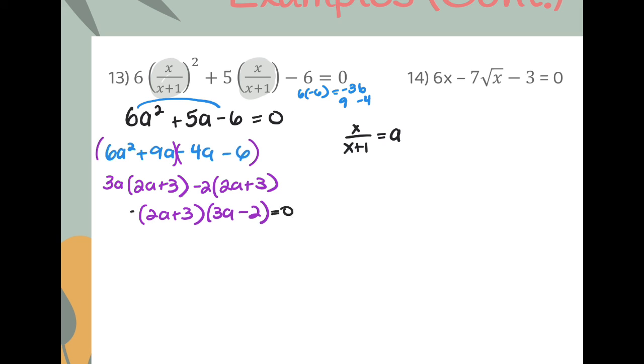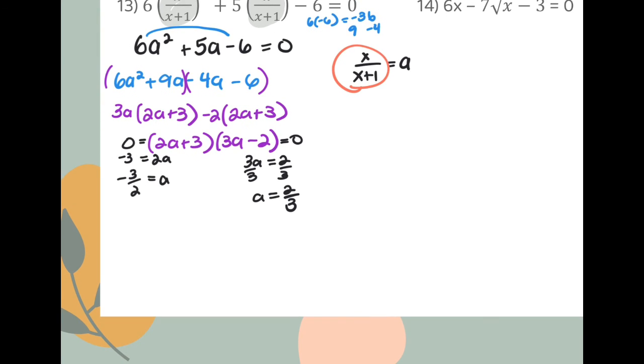Split and solve these. Subtract the 3. Divide by 2. Add the 2. Divide by 3. And that's what a equals. So we have to plug back in what a equals. So -3/2 would equal x over x plus 1. And 2/3 would equal x over x plus 1.